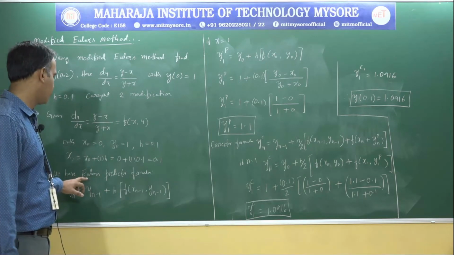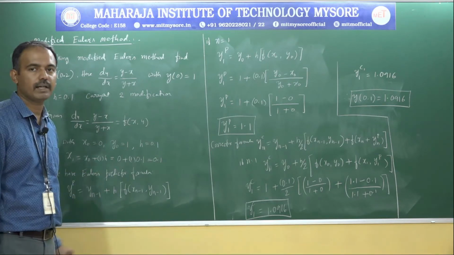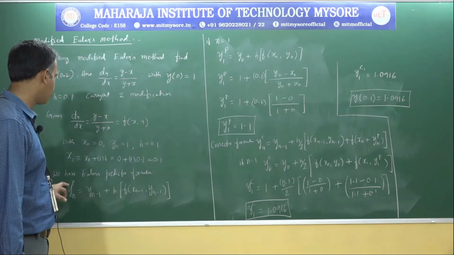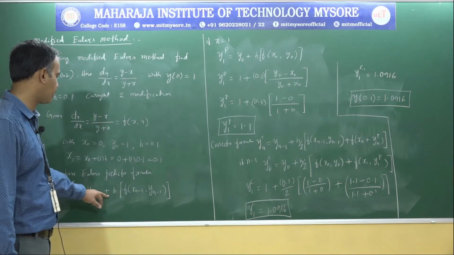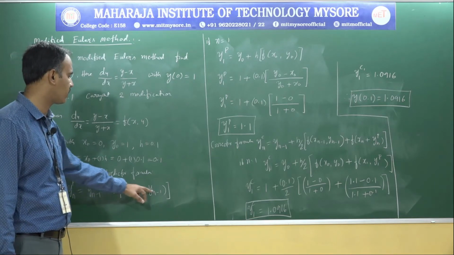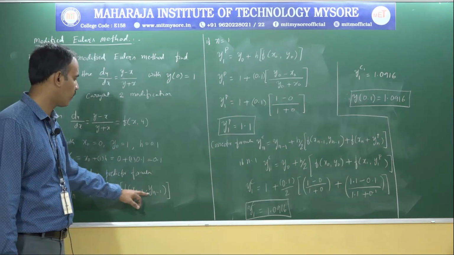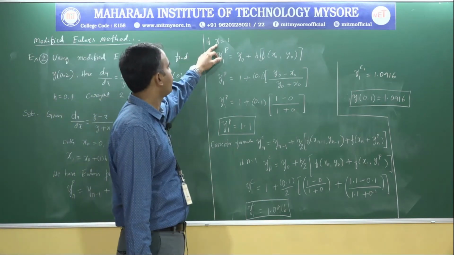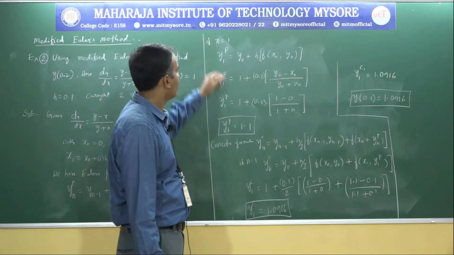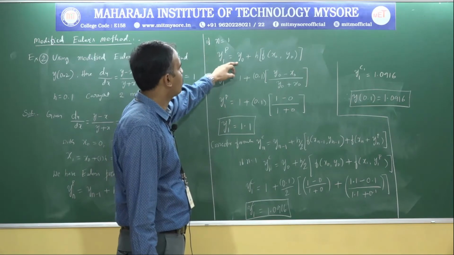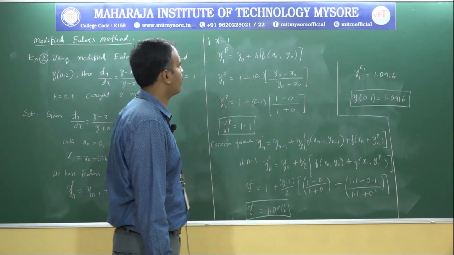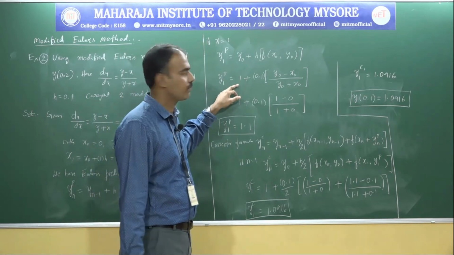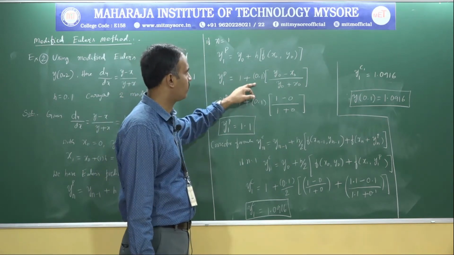We have Euler's first formula, otherwise called the predictor formula: ynp is equal to yn minus 1 plus h into f of xn minus 1 comma yn minus 1. Now if n equals 1, y1p is nothing but y0 plus h into f of x0 comma y0, with y0 equal to 1 and h value 0.1.